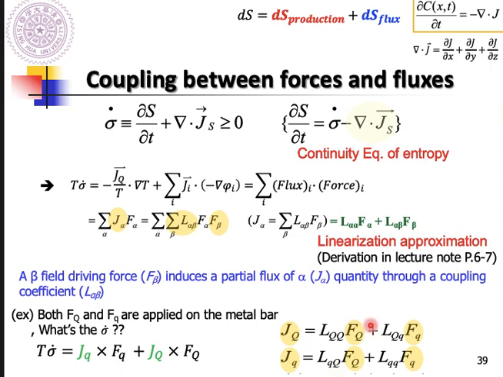Okay, so now we know this one. We just substitute this term here and this term here, and we can successfully get the entropy production rate per volume. The next question you probably have in mind is, Professor, we don't know L capital Q, L small q capital Q, and the other coefficients. How do we get them?